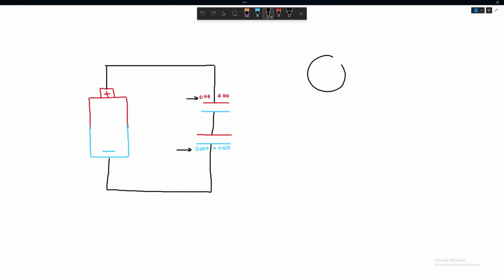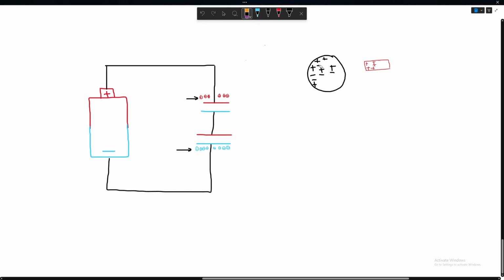Remember, when we had a ball, and this was a conductor, and it has plus and negative all over the side, and I bring a conductor that has a lot of positives, what will happen is the electrons will leave.